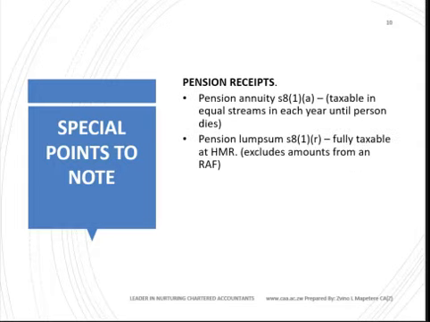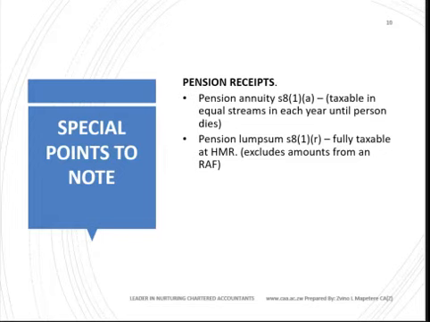Next, let's look at our pension lump sums, which are covered under Section 81R. These are fully taxable at the highest marginal rate, but excluding amounts from a RAF. So 81R simply covers pension lump sums, it does not cover retirement annuity fund lump sums. These will be covered by another section.